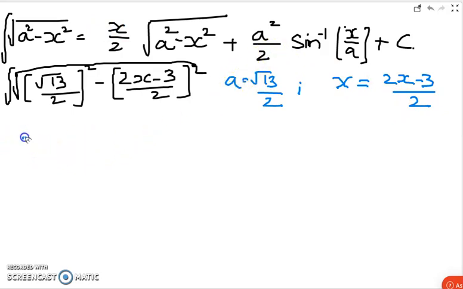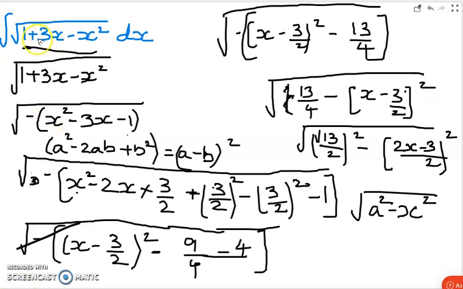So x is 2x minus 3 by 2, by 2. The value under the root, what was it? It was 1 plus 3x minus x square. So in the place of this we can write this.